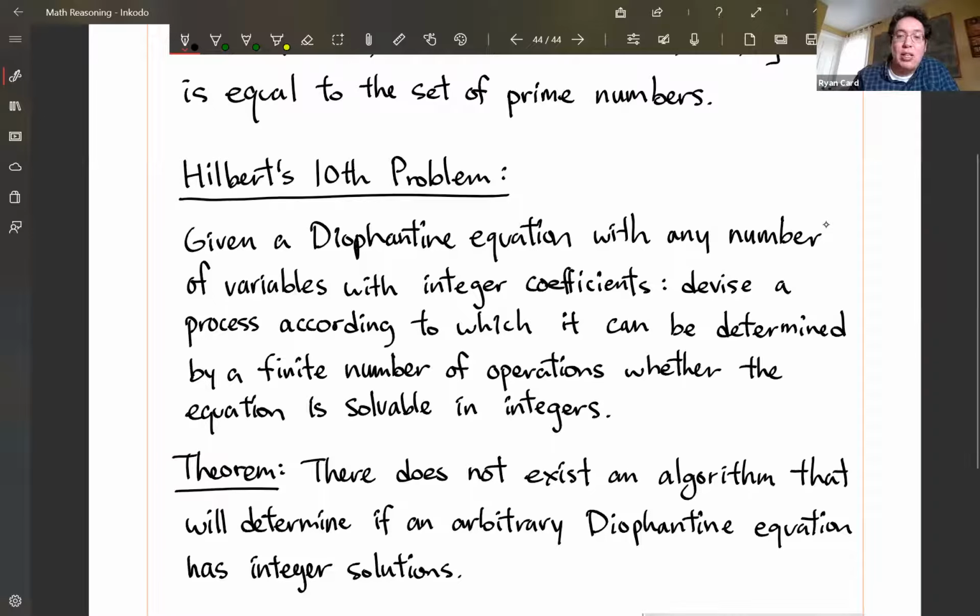So if there was an algorithm to solve whether or not the solution existed or not, he's not even asking for what the solution is. He's asking for whether there is a solution or not. Even if you knew how to do that, that actually solves a great number of mathematical unsolved problems that exist today.